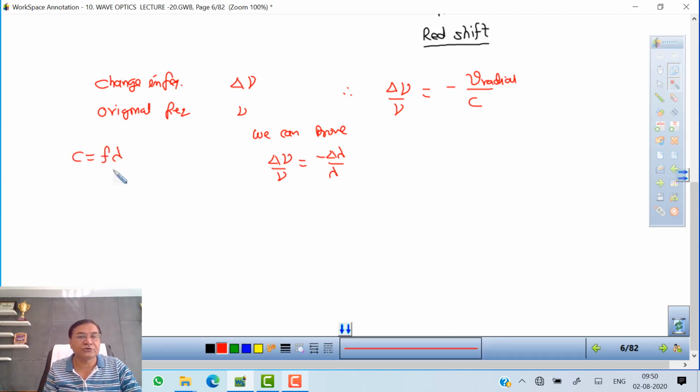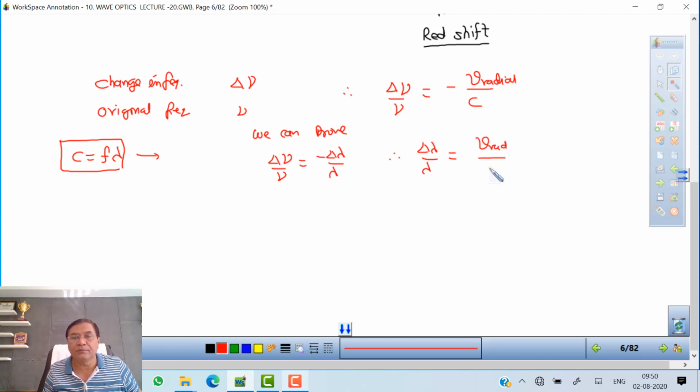You have to prove this yourself. So what we get is delta lambda upon lambda is equal to V radial upon C.